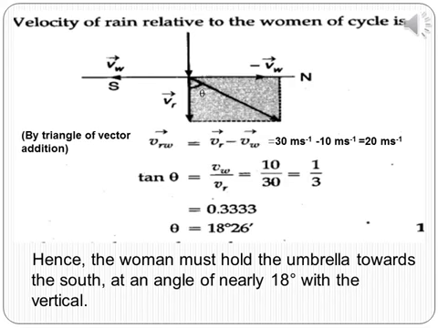Then theta is equal to tan inverse of 1 by 3, equal to 18 degrees 26 minutes. Hence, the woman must hold her umbrella towards the south direction at an angle of nearly 18 degrees with the vertical.